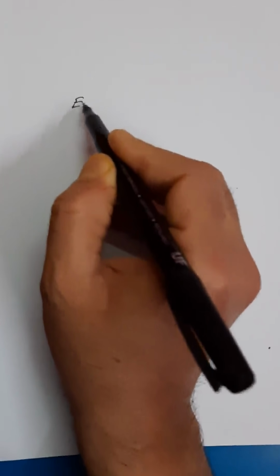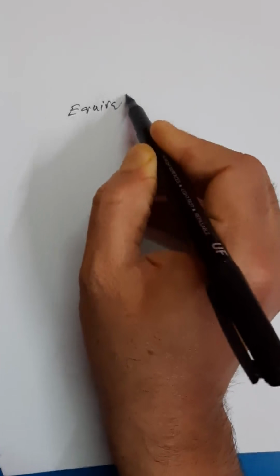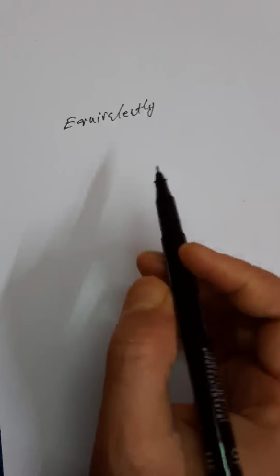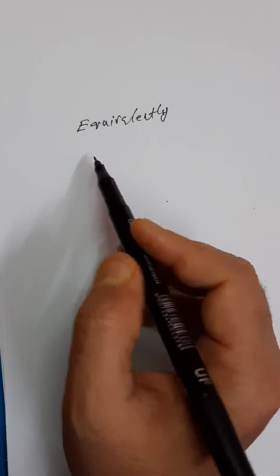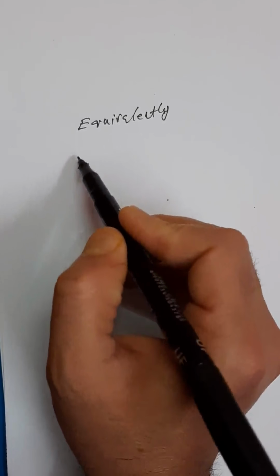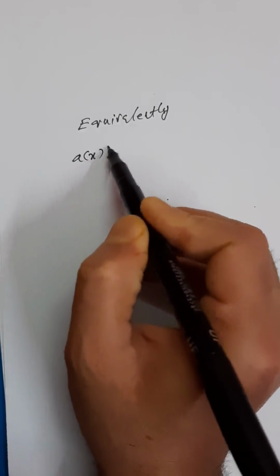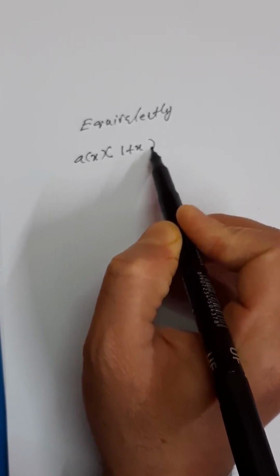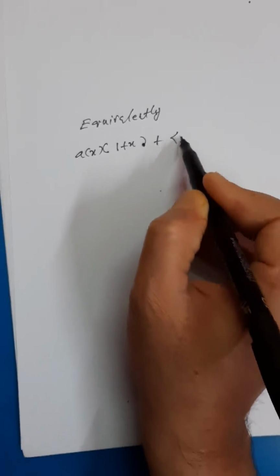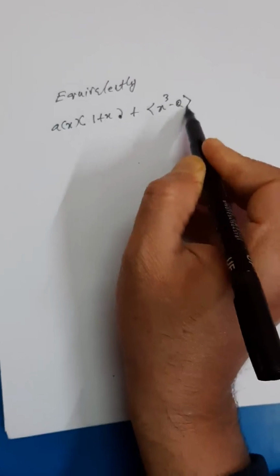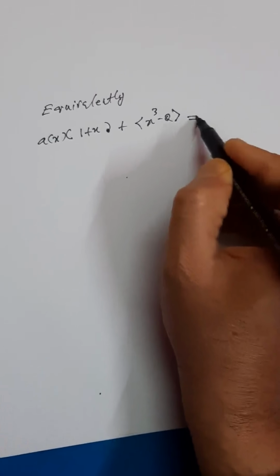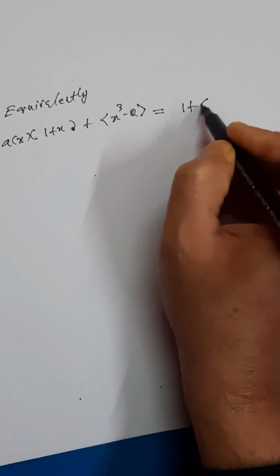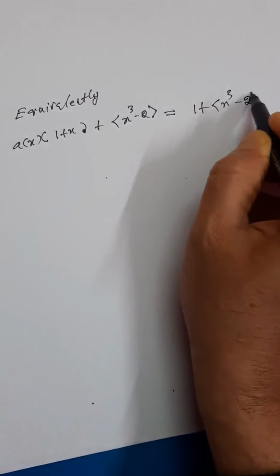Equivalently, if I reduce this equation star modulo this ideal, then I will have a(x) into 1 plus x plus ideal generated by x cube minus 2. It would be the same as 1 plus ideal generated by x cube minus 2.